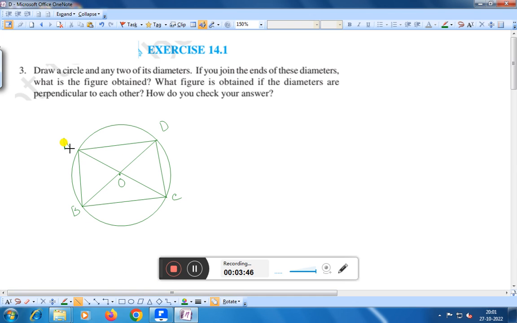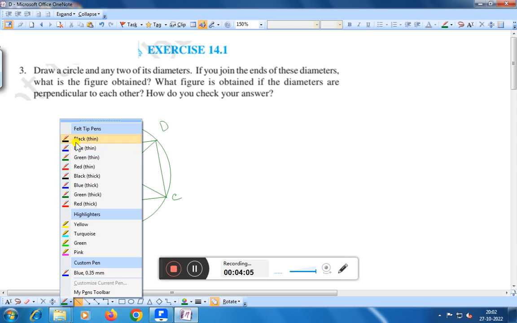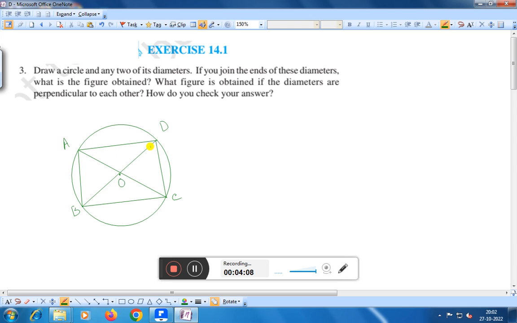Now if we measure these sides AD, BC, DC and AB with a scale, then you will find that AD will be equal to BC, and also AB is equal to DC, right?